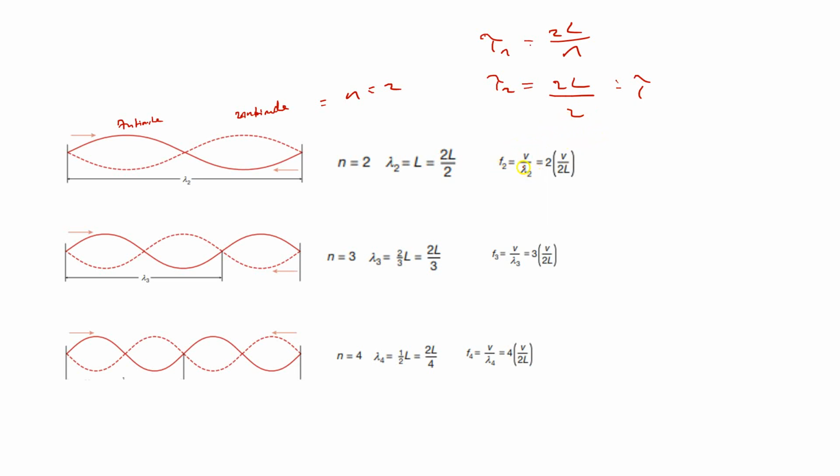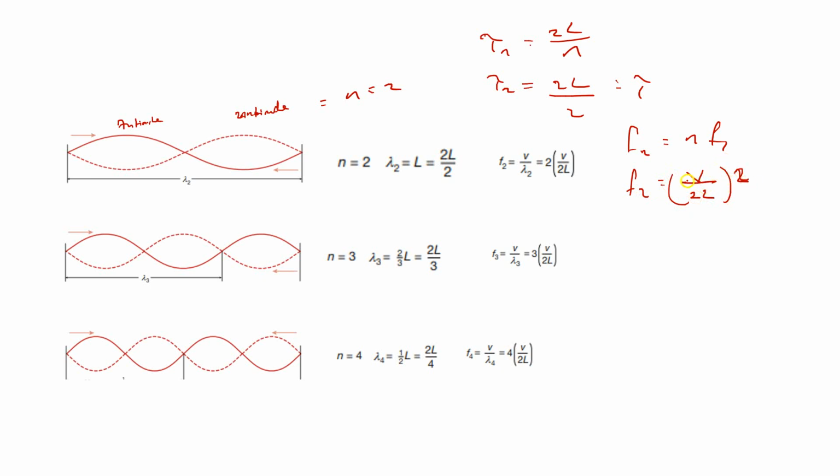And of course, for us to consider the frequency, we would have to use that same formula that says Fn is equal to n times F1. Since n is equal to 2, then F2 is now going to be equal to V divided by 2L times 2.